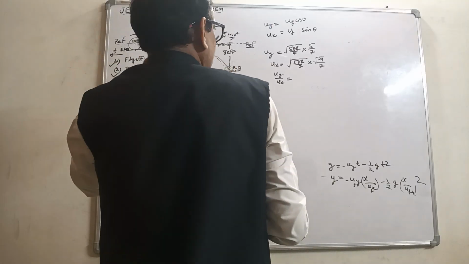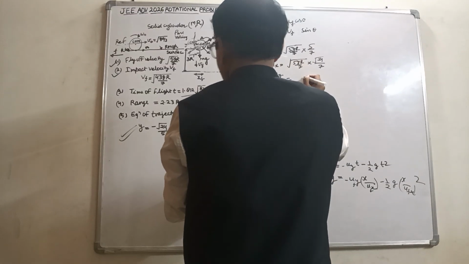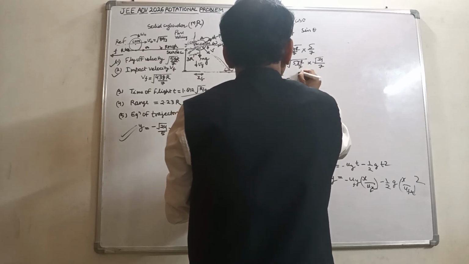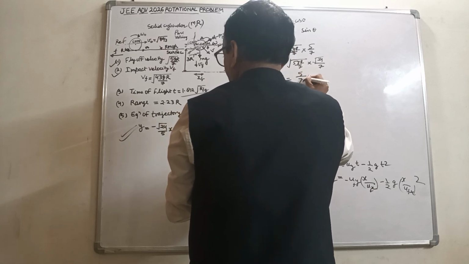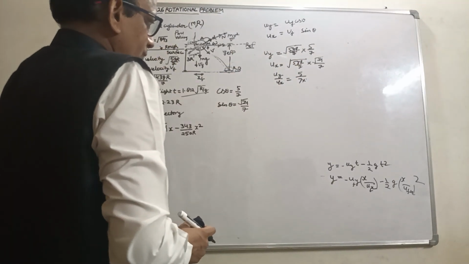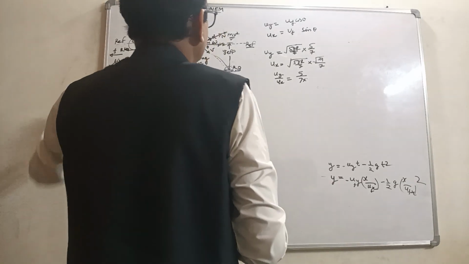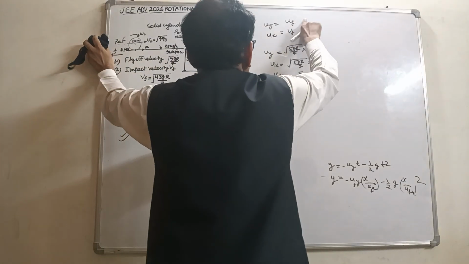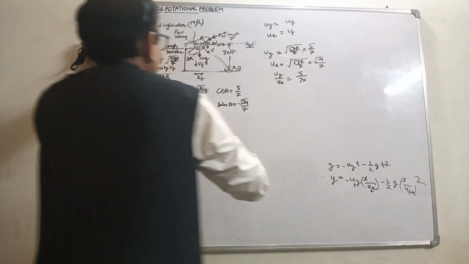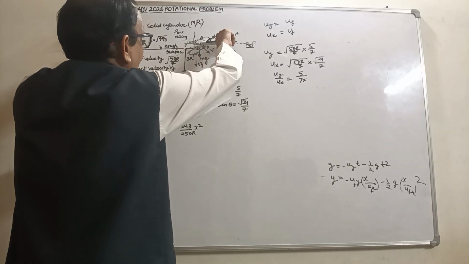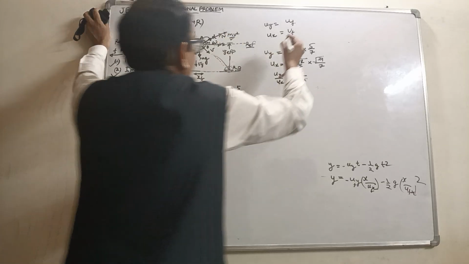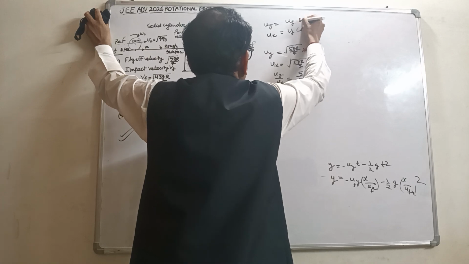This term cancels out. Sorry, ux would be u cos theta, the horizontal velocity, and uy would be u sin theta.